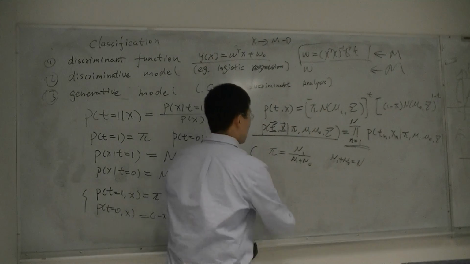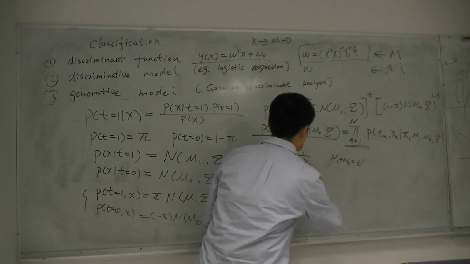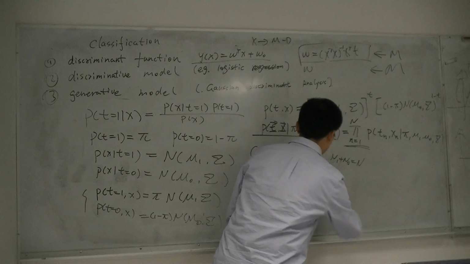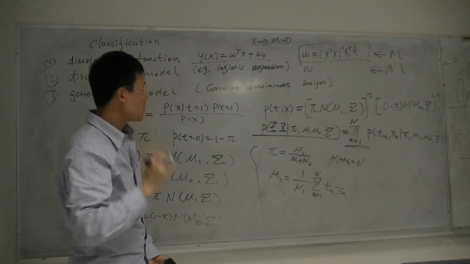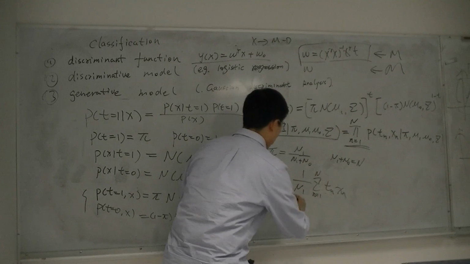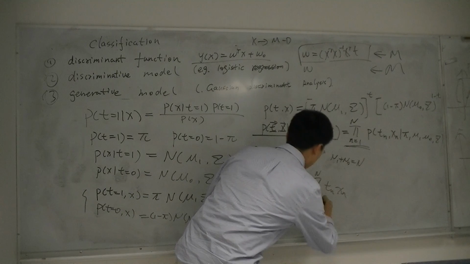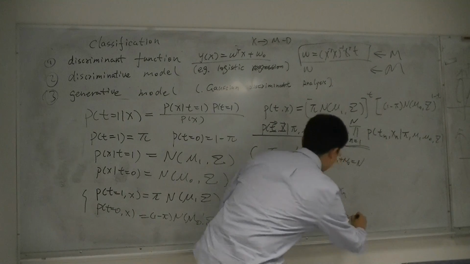And here mu1 is equal to 1 over n1 times the sum of tn xn. Here it is just the mean. And mu0 is 1 over n0 times the sum of 1 minus tn times xn.